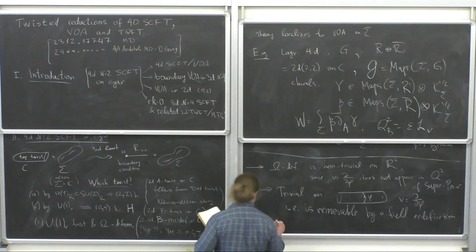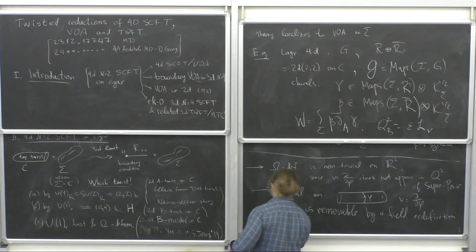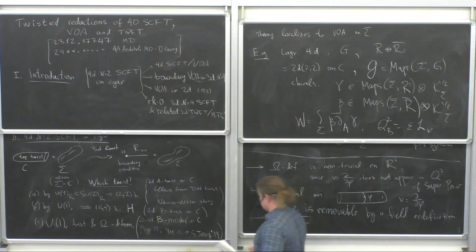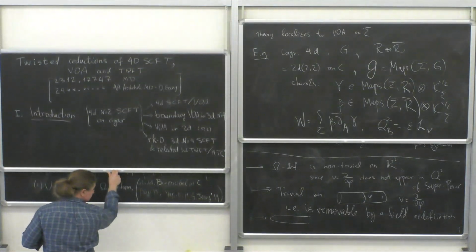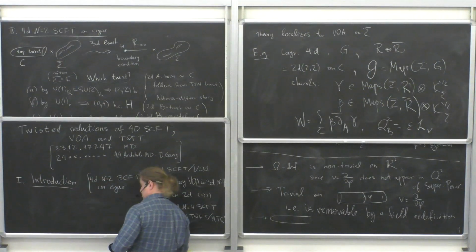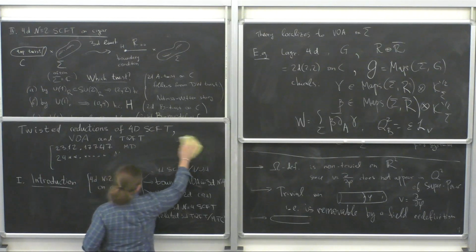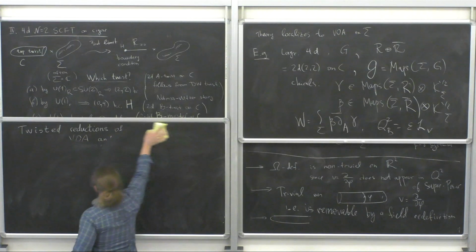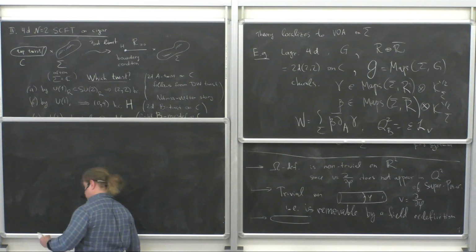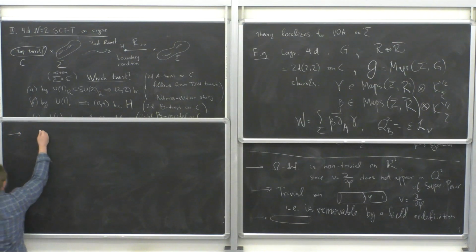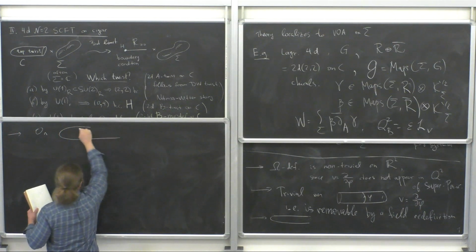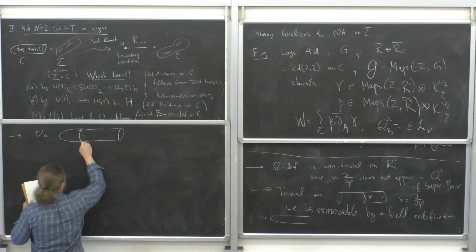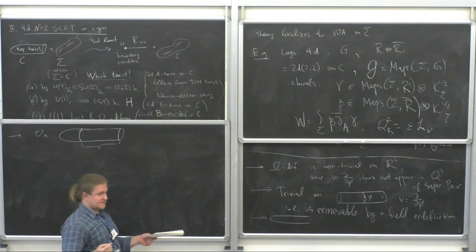Now, however, if we consider the cigar, there's some flat region here, and in the flat region, locally it looks just like the cylinder.